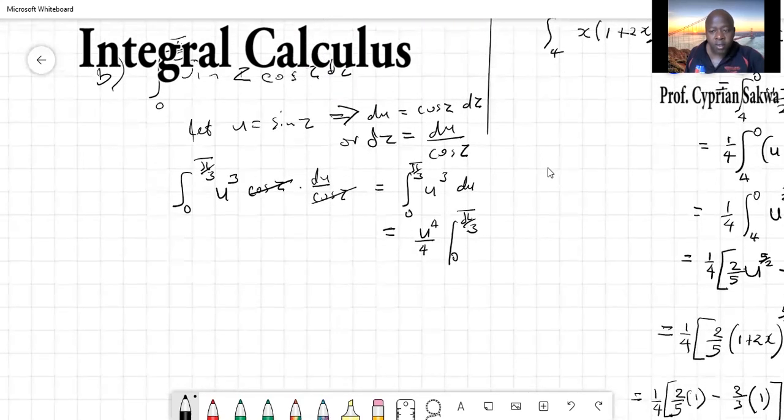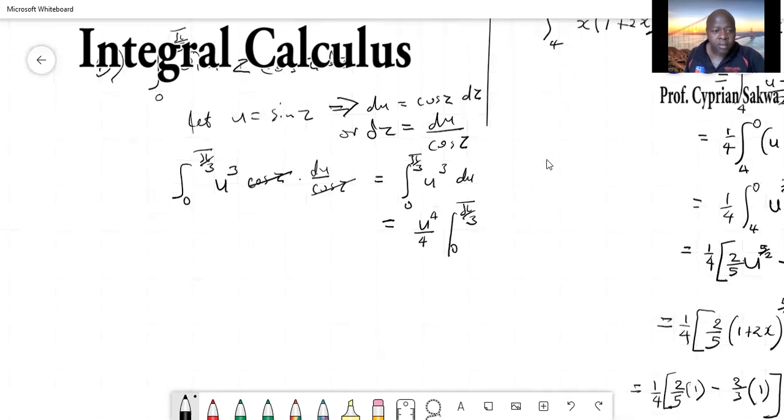Now remember that 0 to pi over 3 were the limits for z. Sine, that was z, not u. So that means you must substitute. Get rid of u now.